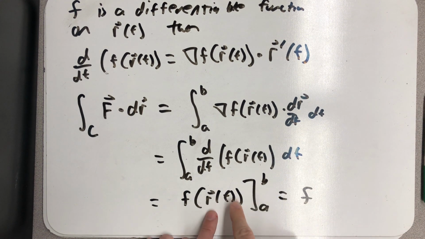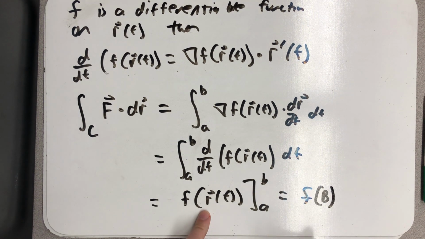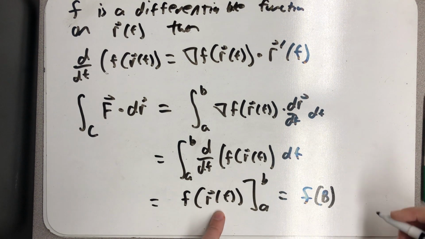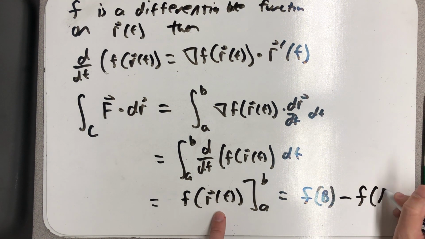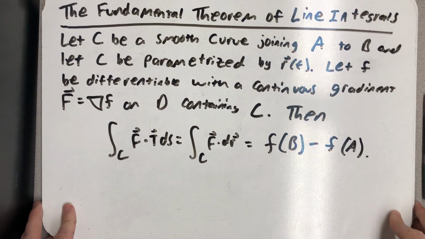When I plug b into my path, it gives me the point I end at, or f of b. When I plug a into the path, that's the point I started at, and that's f of a. And so there's a very quick justification of the fundamental theorem of line integrals.